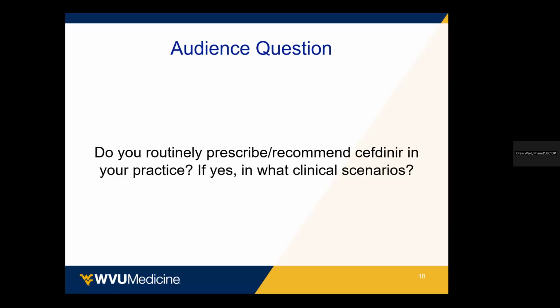I see Jacob answered, nope. Good. Yeah, a lot of good alternatives. I think a big thing that I've seen is that a lot of insurance companies list Cefdinir as a preferred third generation cephalosporin, and so sometimes when we're prescribing alternatives such as cefpodoxime, occasionally we'll get some pushback of it not being a preferred agent.